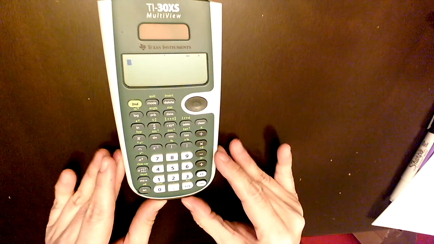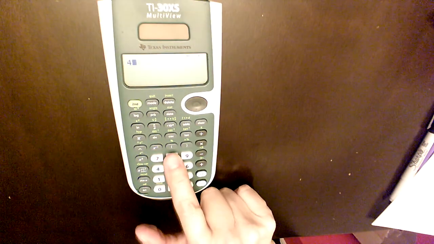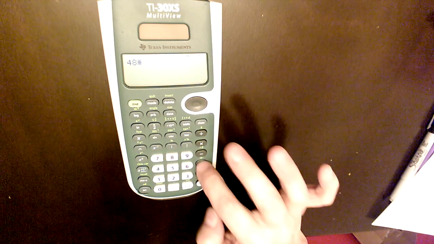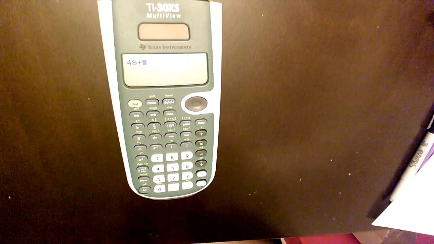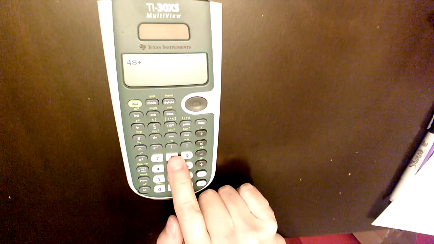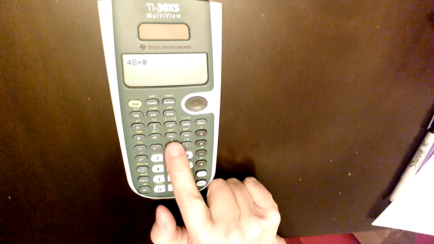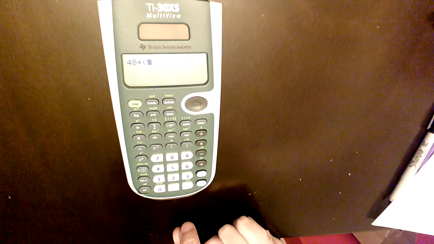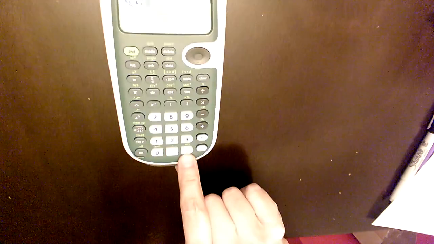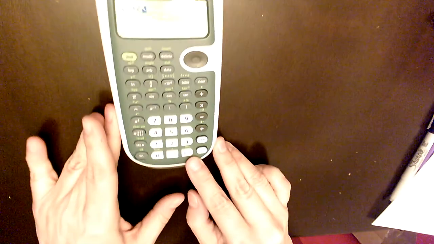Better? And I'm going to put in 48 plus, and there was parentheses around the negative 16. So the parentheses are above the 8 and the 9. So I'm going to put a parenthesis in. Negative is down here below the 3.